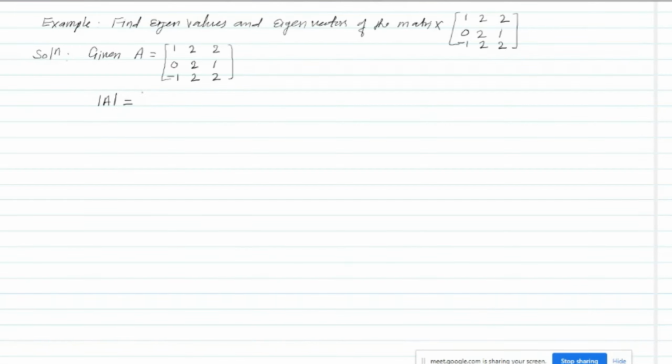Determinant of A is equal to the determinant of 1 2 2, 0 2 1, minus 1 2 2.